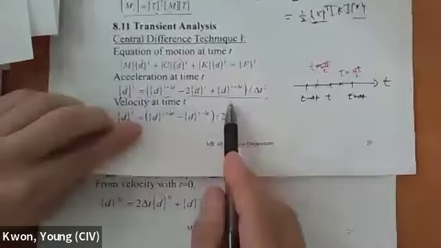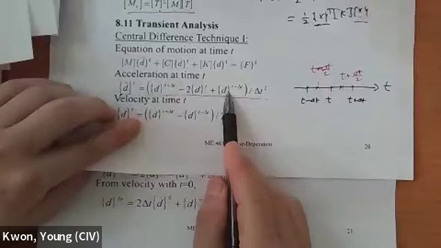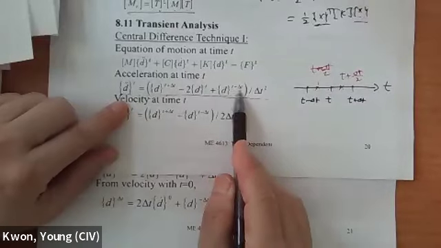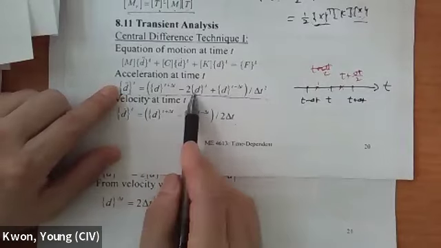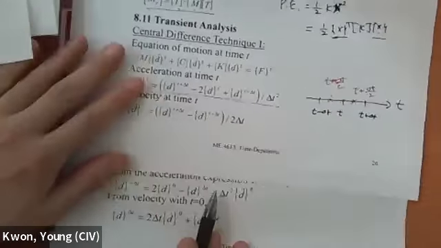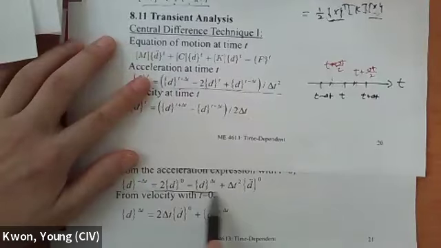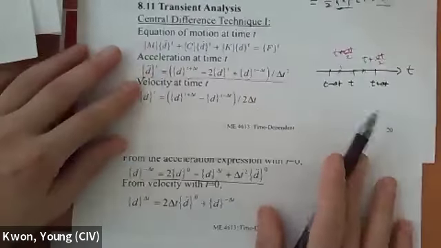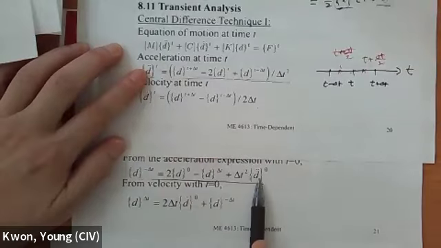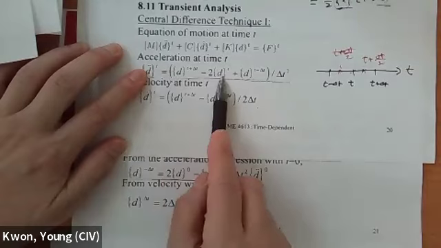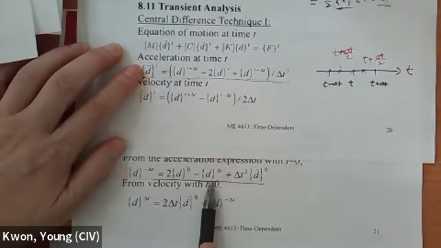And then you find this one, so this is going to be d(negative delta t), and multiply by this one delta t squared, and put everything to the other side. That's going to be this equation. This is what I'm talking about. So multiply by delta t squared, which is gonna be this times that, and then move this one to the other side, which is gonna be this one.